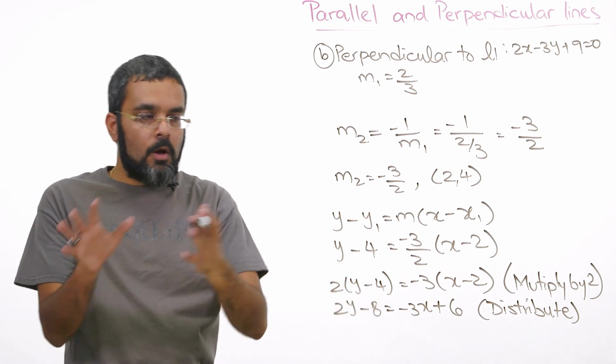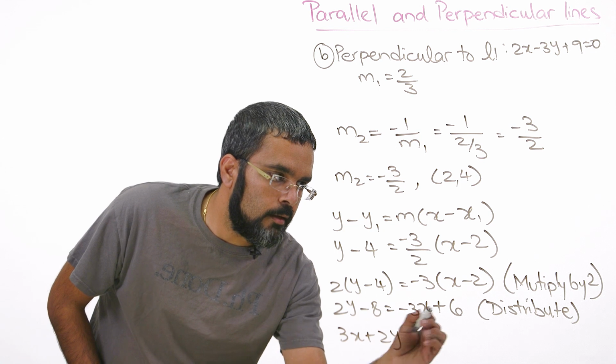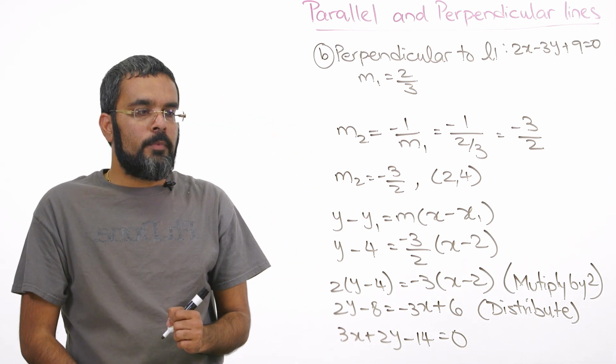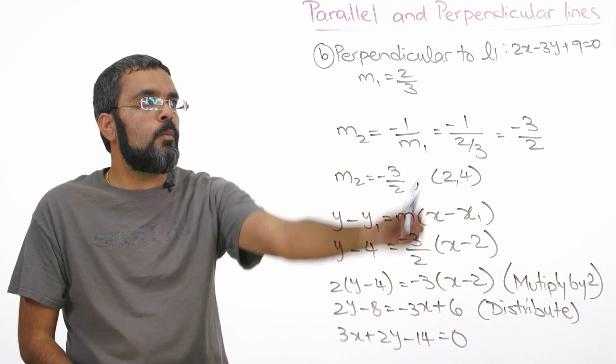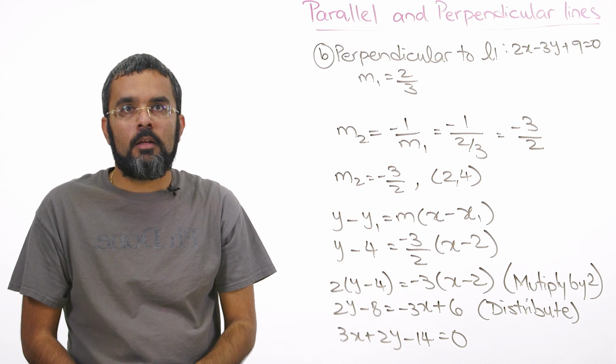Then let's get all the terms on one side. So I get 3x plus 2y minus 14 equal to 0. And this is the equation of the line which is perpendicular to L1, and it passes through the point (2, 4).